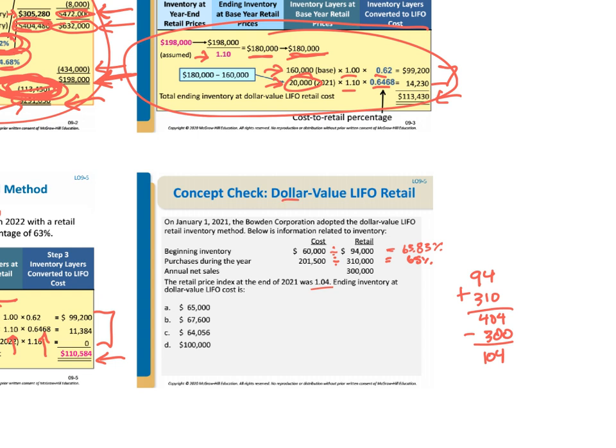Now, we're doing dollar value LIFO, so we've got to convert this into our base year prices. So to do that, we're going to take 104,000 and we're going to divide by the retail price index, which is 104 or 1.04. This produces for us 100,000. This 100,000 is our retail ending inventory estimate at base year prices.